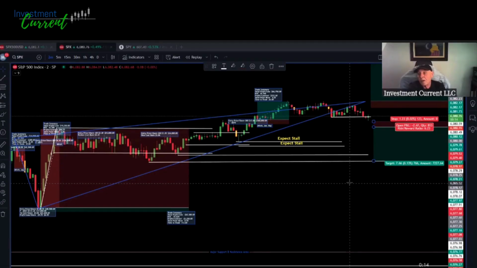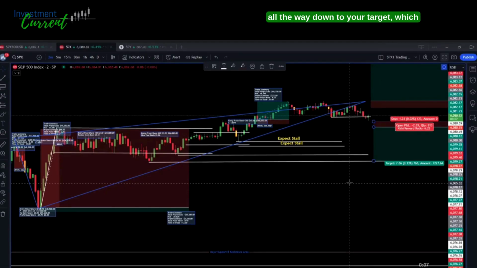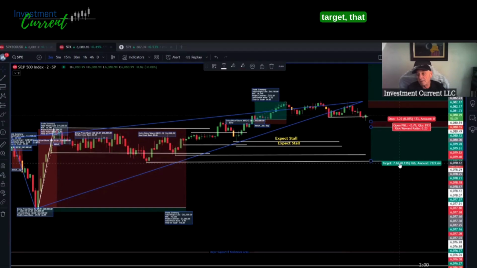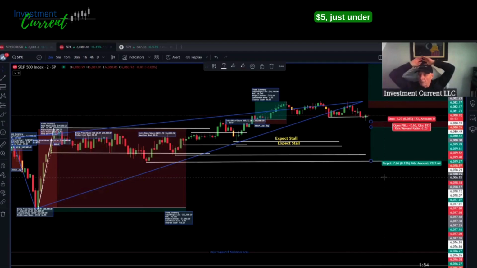Yes. Right? And if you left the last 3 to run, got all the way down to your target, which in this case is $7.66 to target, that would translate to just under $5 a share. Say it's $4.50 a share to $5 a share.